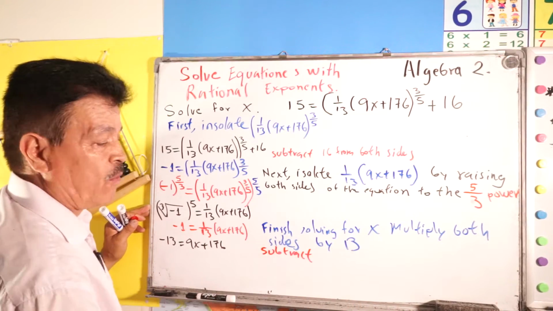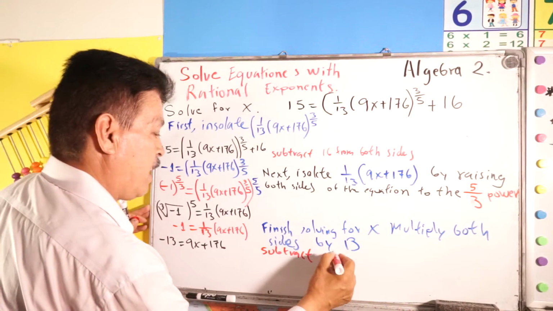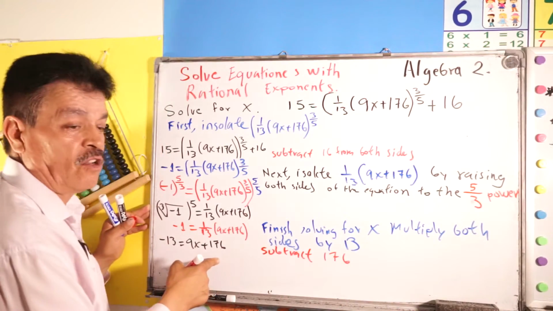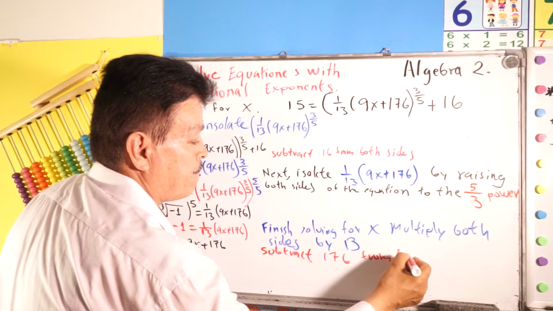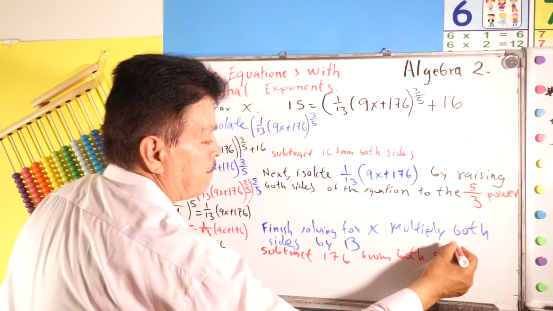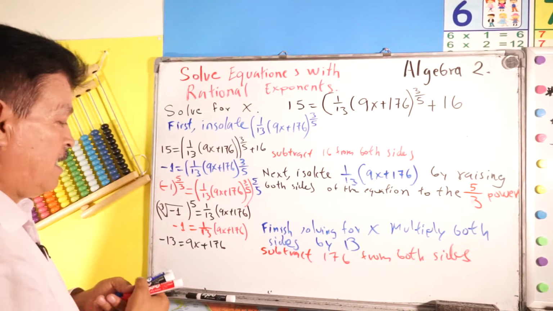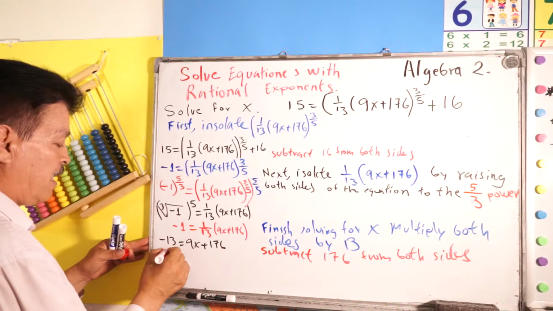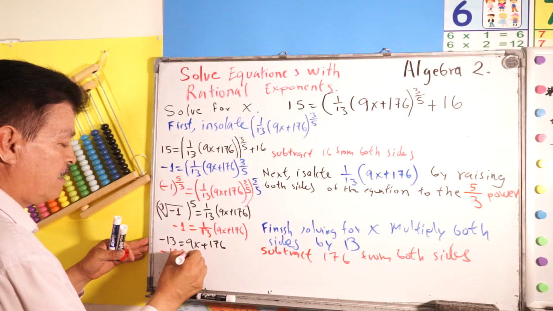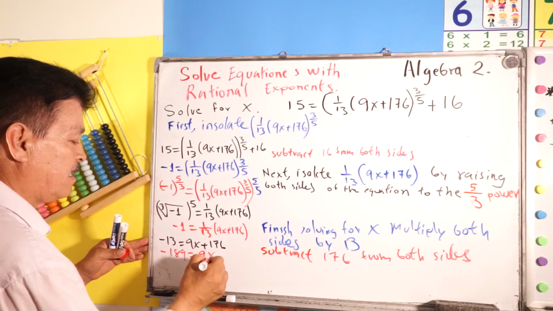Which number do we have to subtract here? In this case, we subtract 176 from both sides. We have then negative 189 equals 9x.